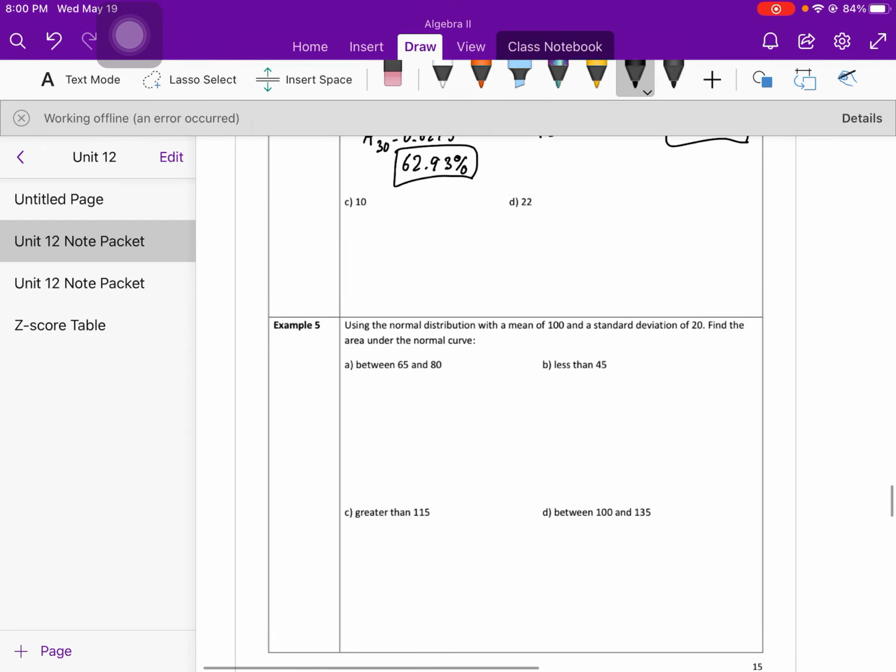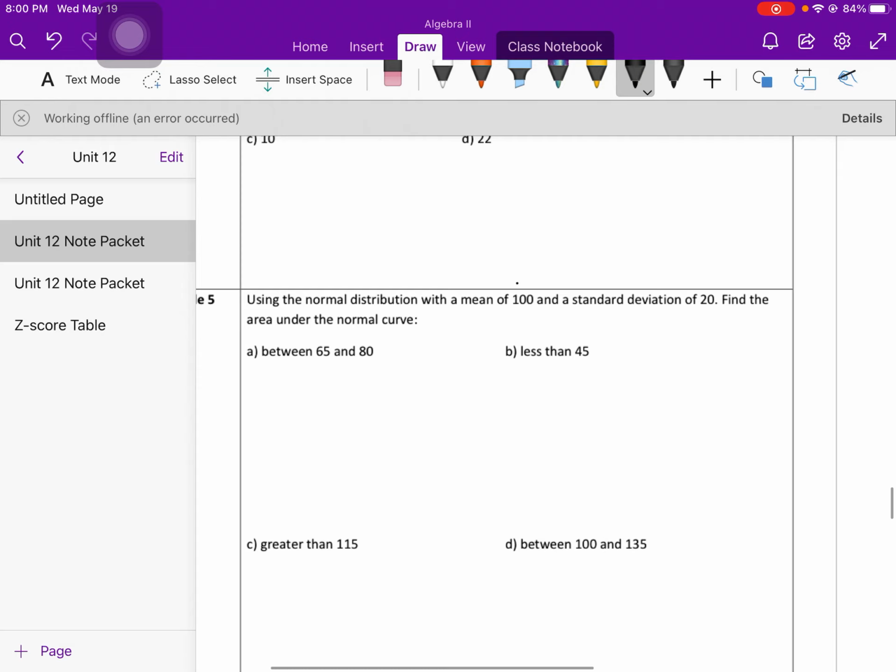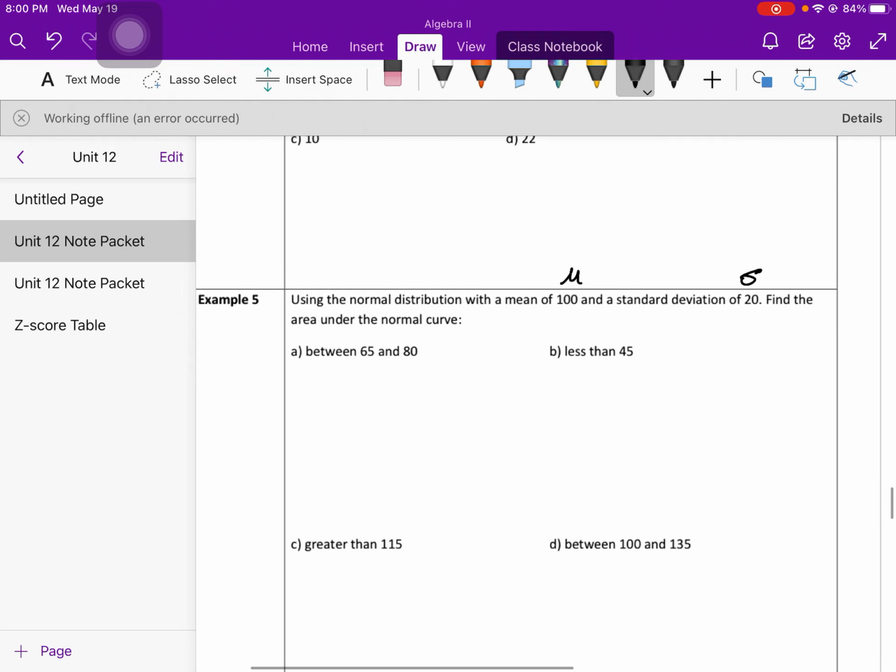So let's calculate first for 65. Really quick, just think about the mean would be 100. Standard deviation is 20. So the first one is going to be z of 65 equals 65 minus 100 divided by 20.